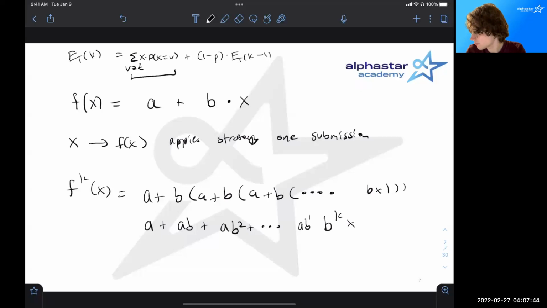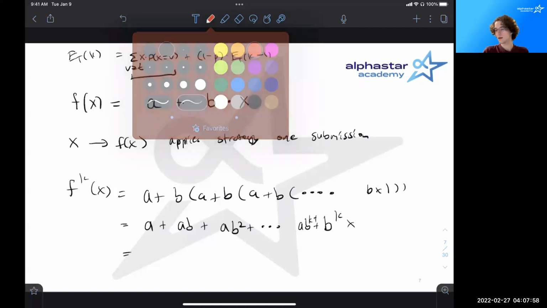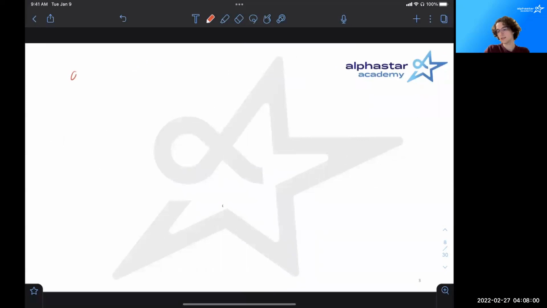So we can actually compute this because this is a geometric series. If we look at an infinite geometric series, a plus ar plus ar squared and so on, this equals a over 1 minus r, as long as the absolute value of r is less than 1, I guess, right?